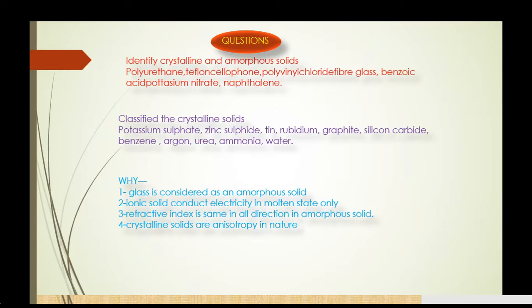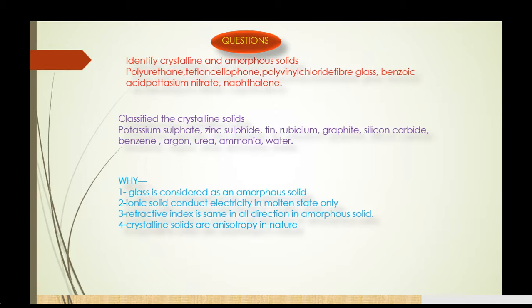Our second question, ionic solids conduct electricity in molten state only. In ionic solids, understand, electricity is conducted only due to the free movement of ions. When ions are formed, the electricity can be conducted.